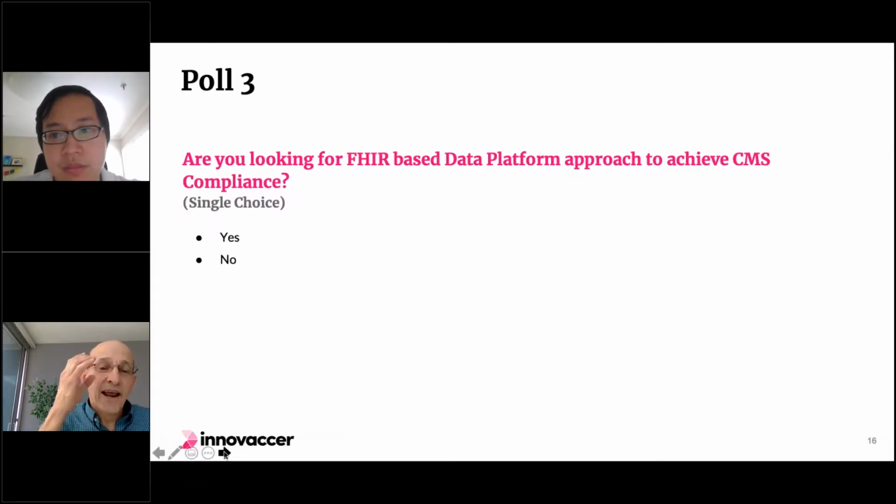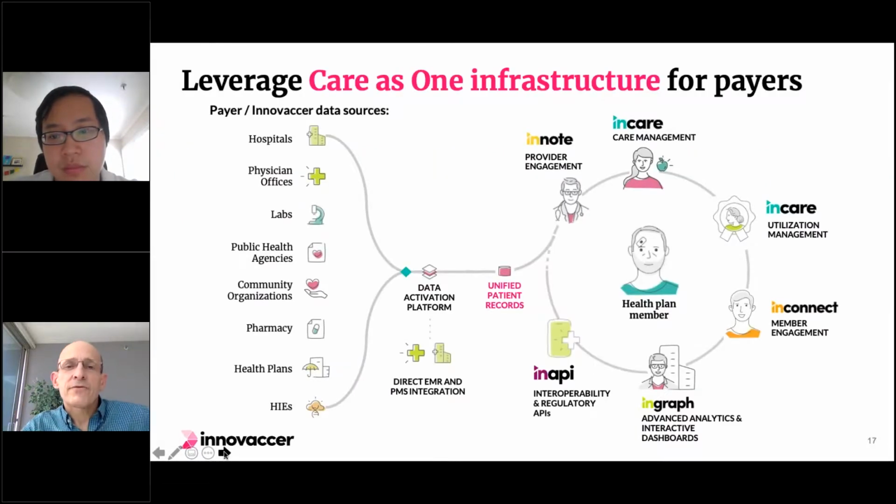I want to get into our last slide. This is the point of view we've had here at Innovacer: how do you help the industry care as one? This is so pertinent to what we currently see on the news every day. How do we get people to really share information in real time?